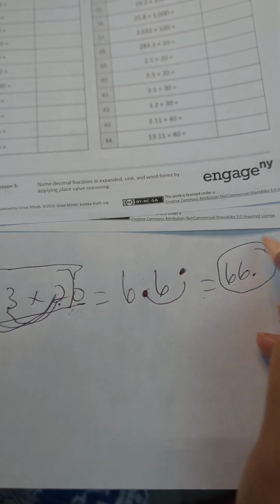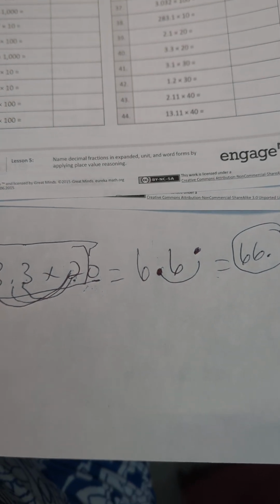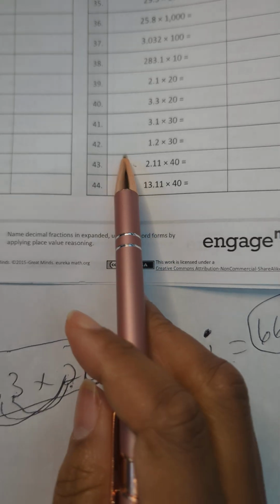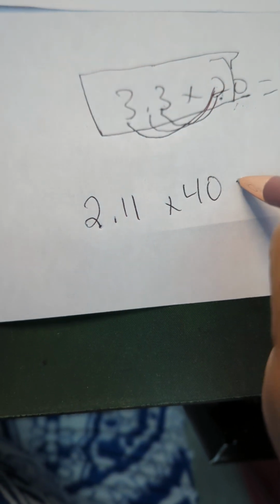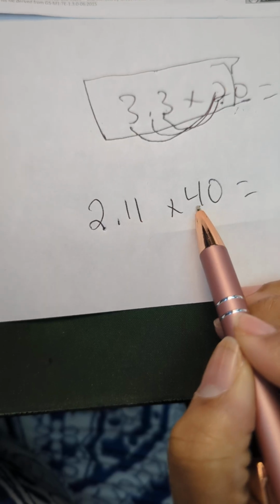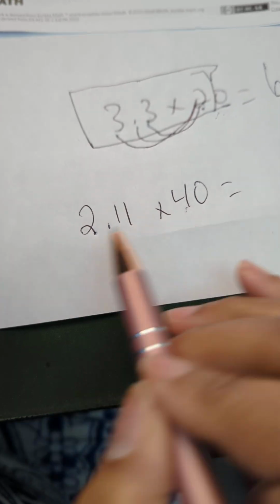Woo, very good. You need more help? Are you sure? Okay, I'll do one more. All right, let's look at number 43. 2.11 times 40. So I'll rewrite it here. Times 40, okay? All right, because we have a number here that's higher than 1, we need to box this off.